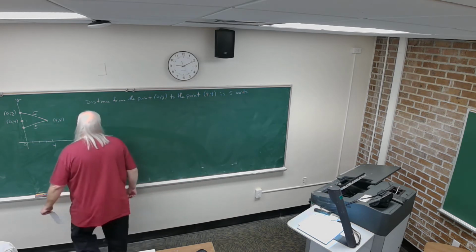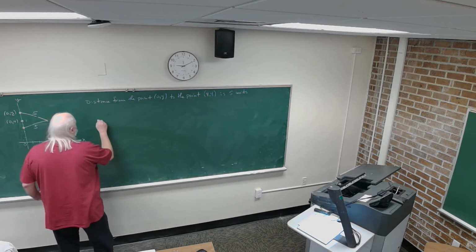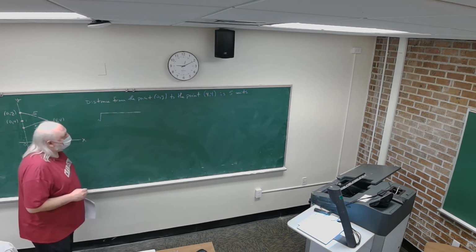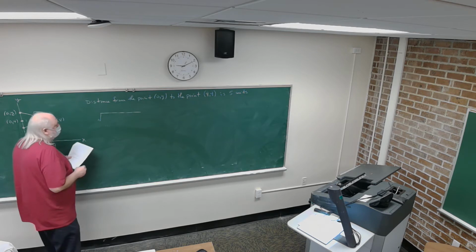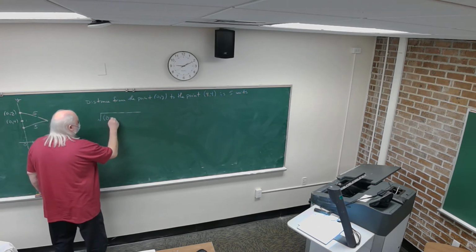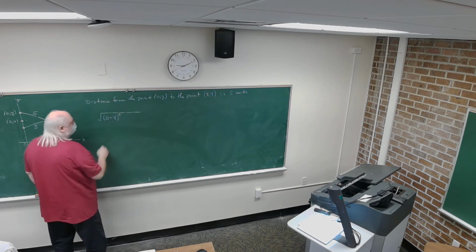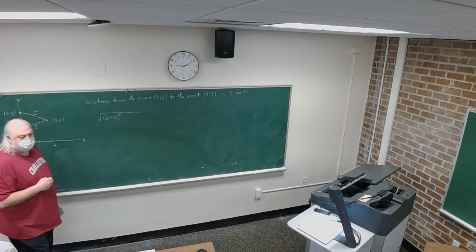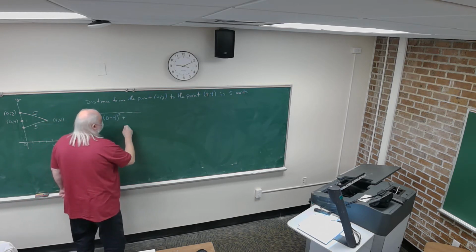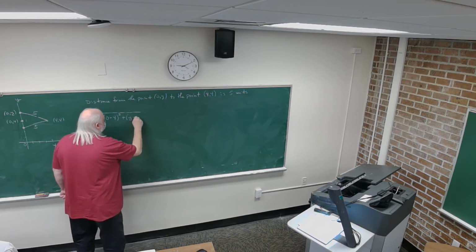So using the distance formula, the distance between the point 0, y and 4, 4 is equal to the square root of the difference in the x coordinate squared plus the difference in the y coordinate squared.